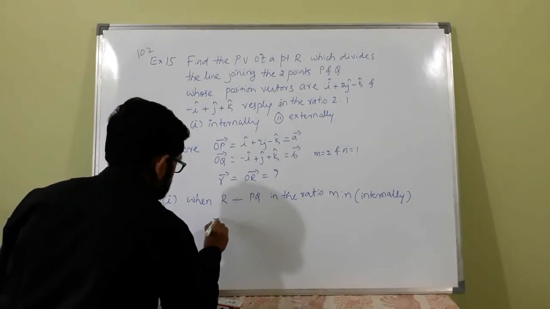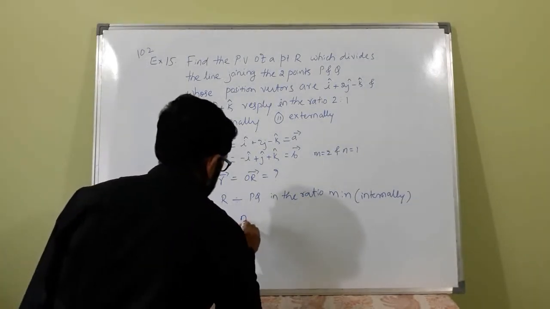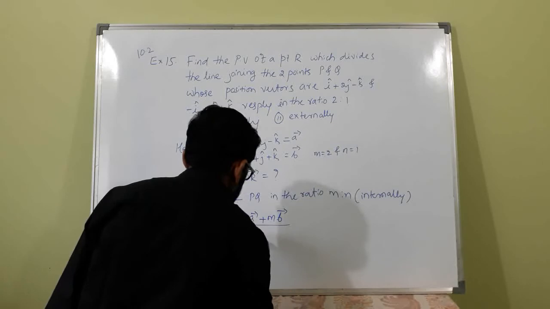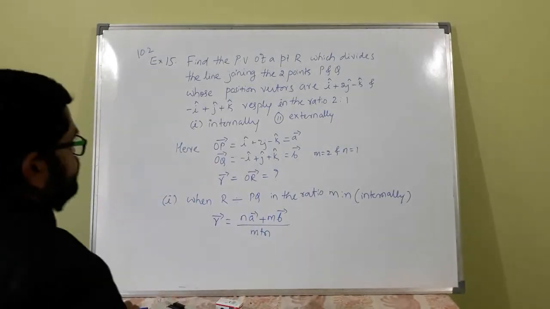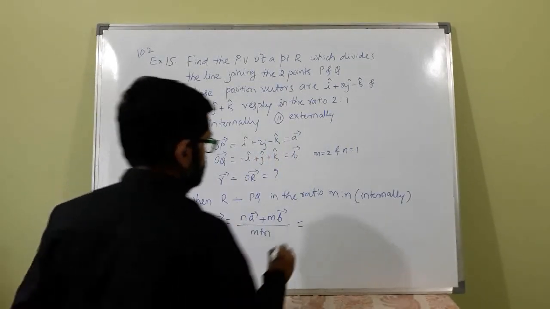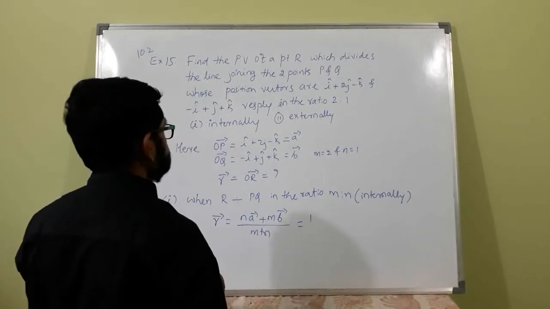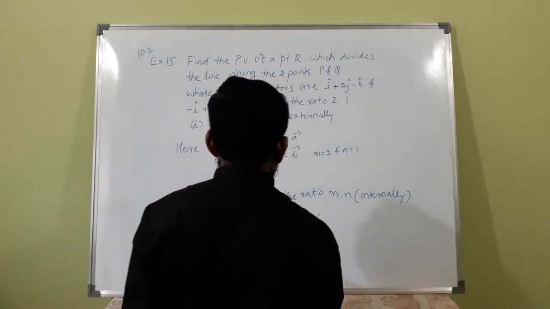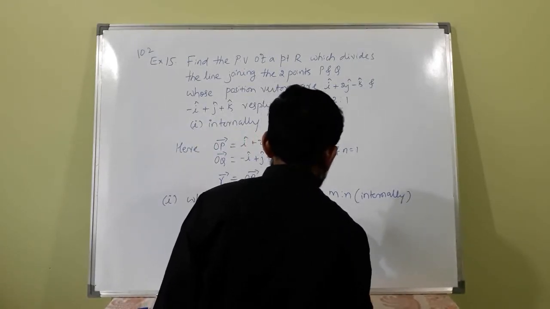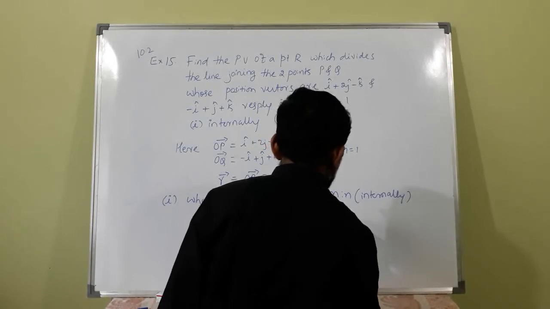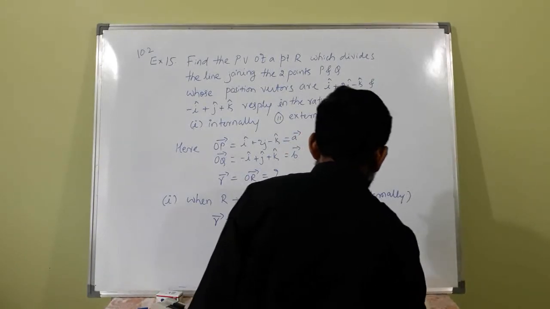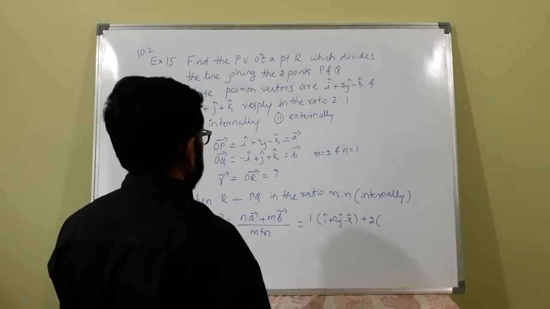R is given by (nA + mB) divided by (m + n). Here n is 1, A is i + 2j - k, plus 2 times B, which is -i + j + k.